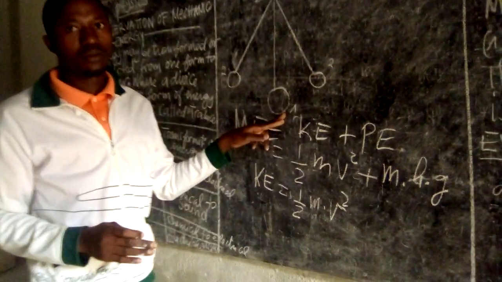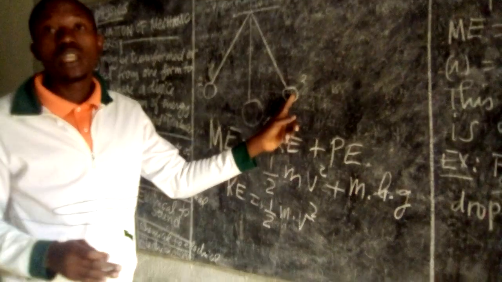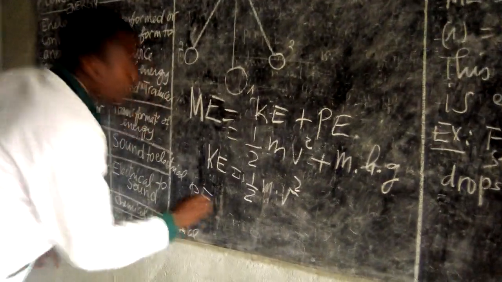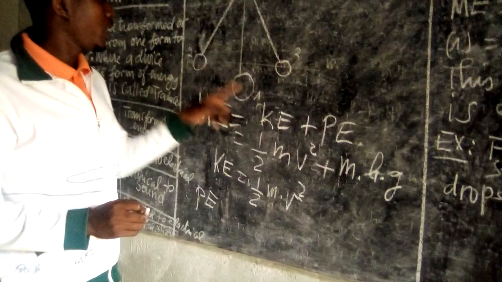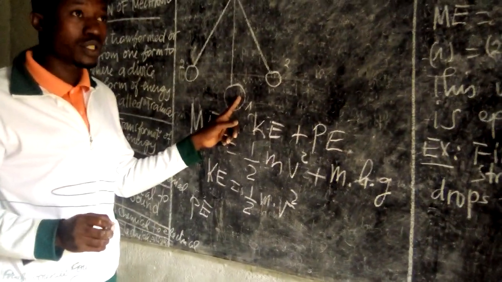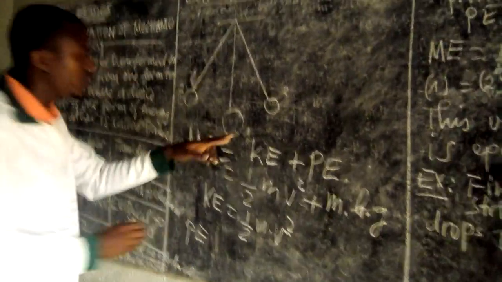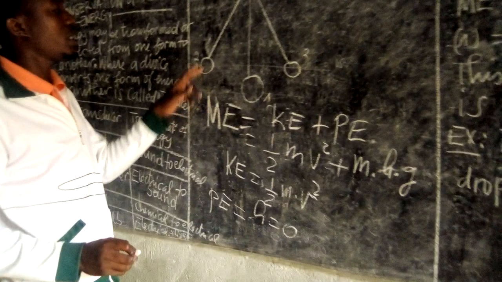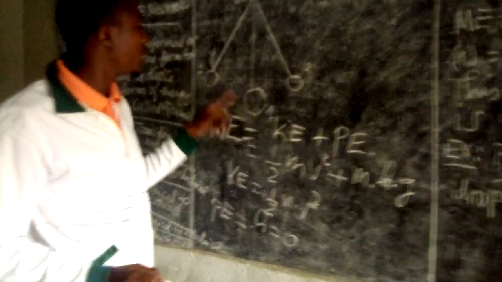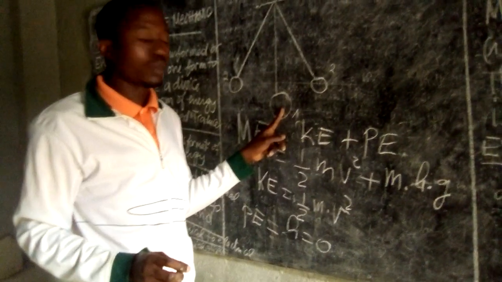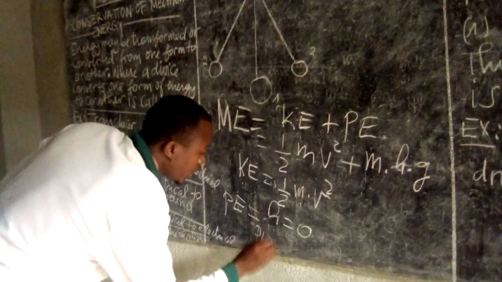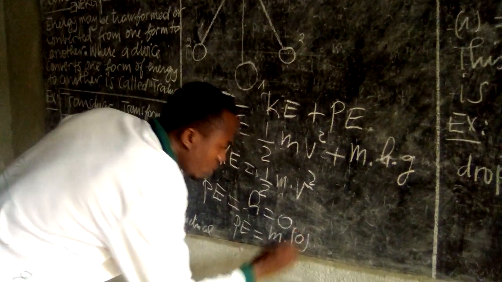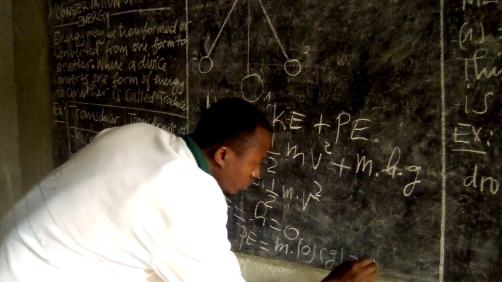At this position the potential energy is equal to 0, because the bob moves from here up to this one, and the height is 0. That is why potential energy equal to mass times height times gravity is equal to 0.